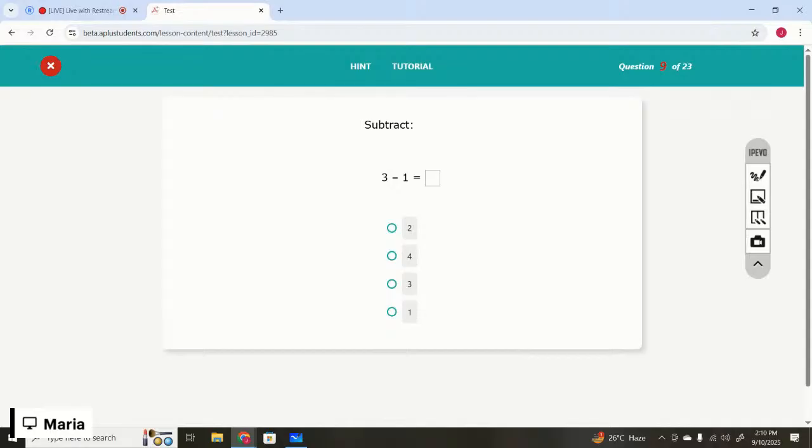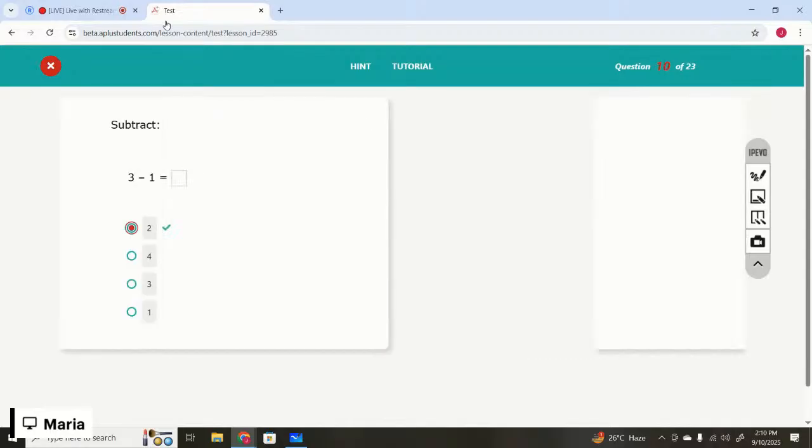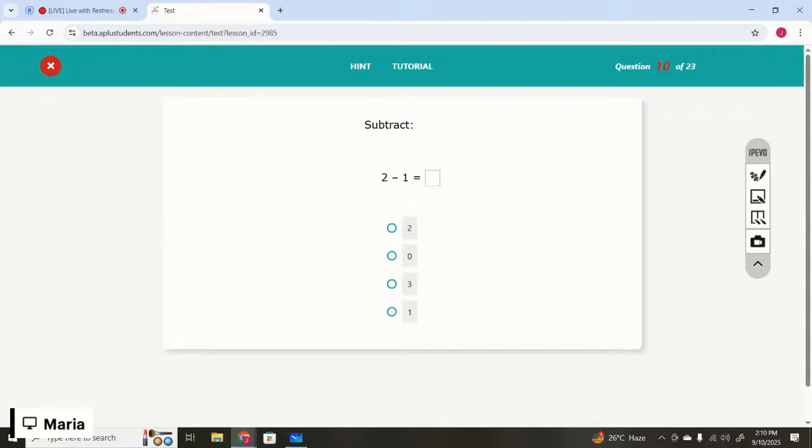You just have to go back by one digit. So the correct option is 2. The next one is 2 take away 1. So you have to go back by one digit. So 2 take away 1 is 1.